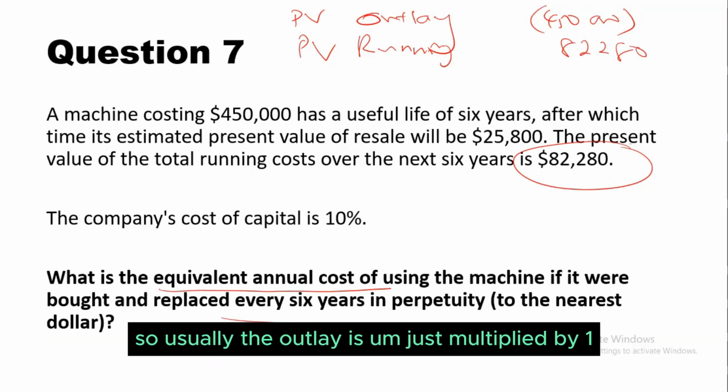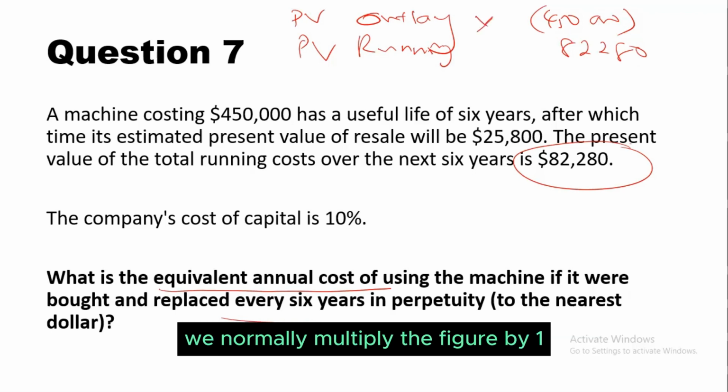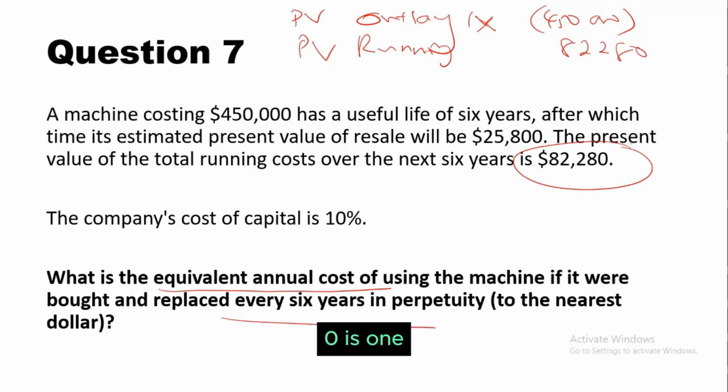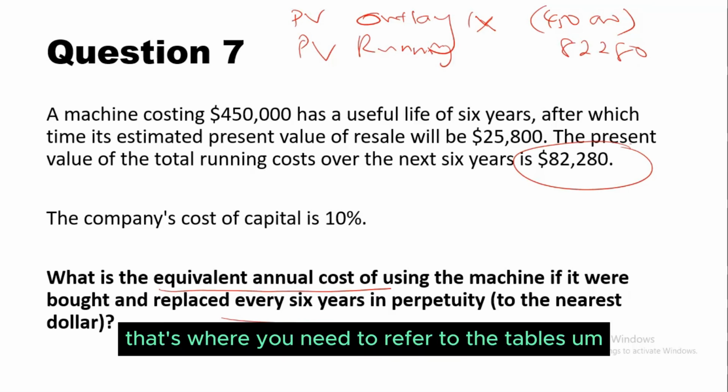Usually the outlay is just multiplied by 1, because the discount factor in year 0 is 1. Then for these other ones, that's where you need to refer to the tables.